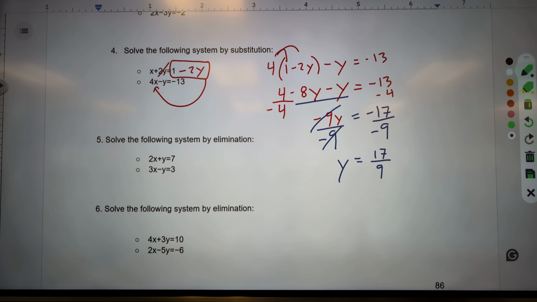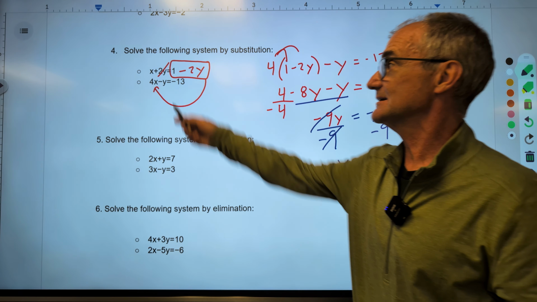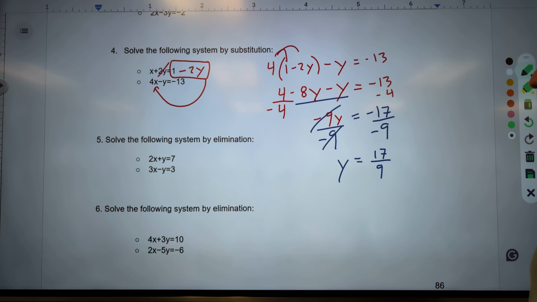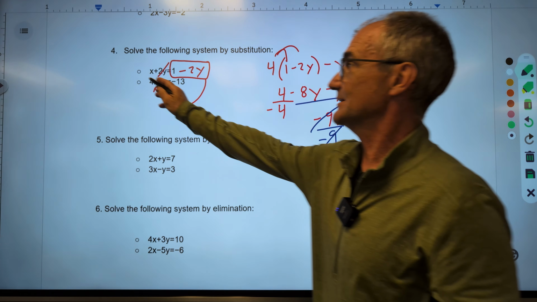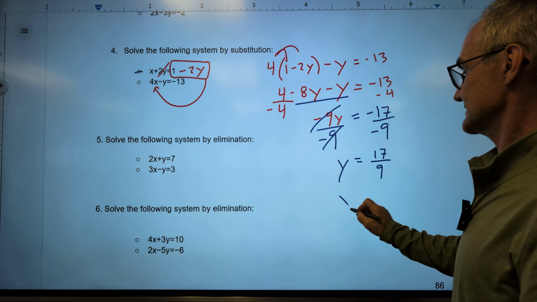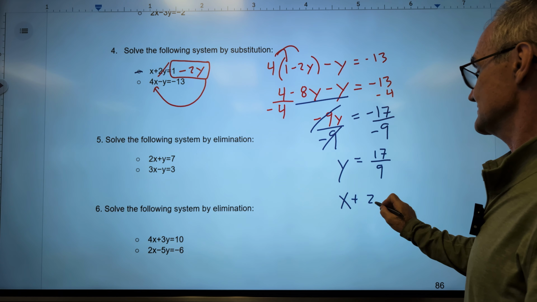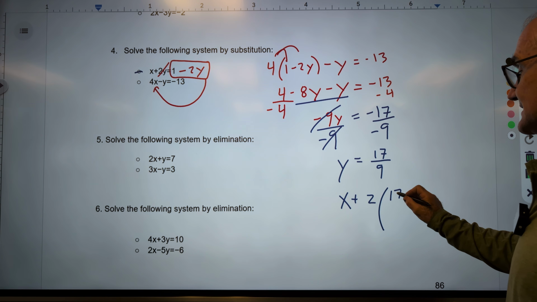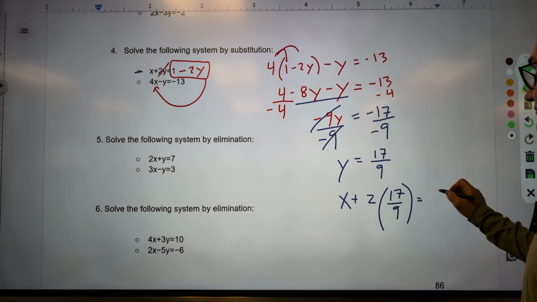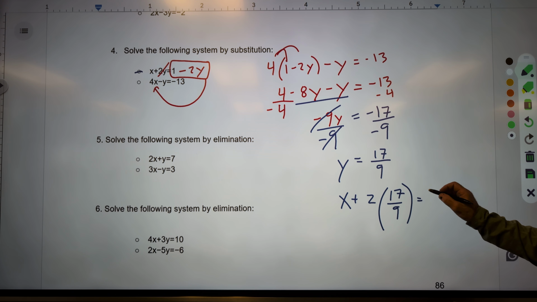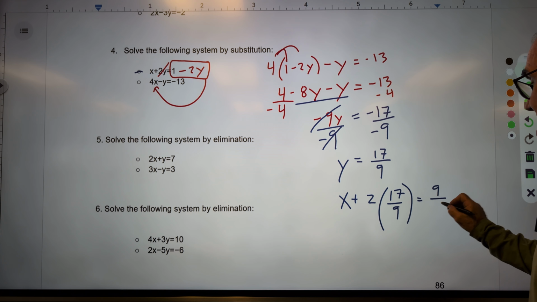And then from there, I'm going to take that y value and plug it into either equation. I don't think it matters which one. I think I'll plug it into the top one right here. x plus 2 times 17 ninths is equal to 1. 1 is the same thing as 9 ninths, right?